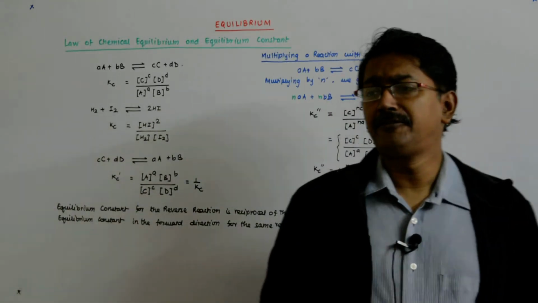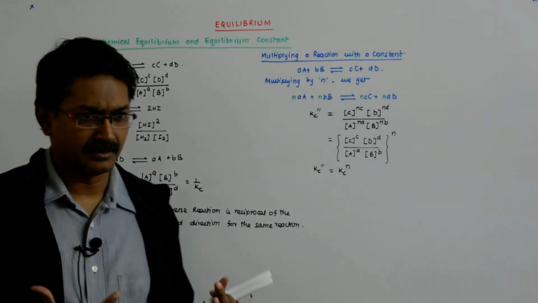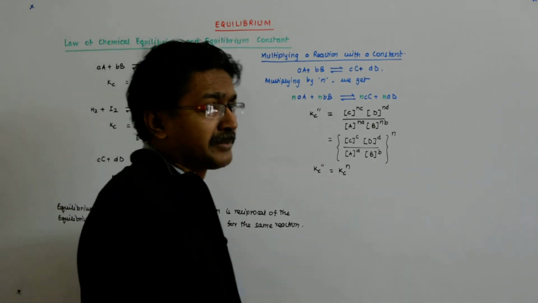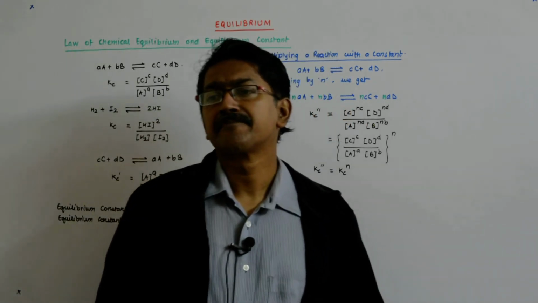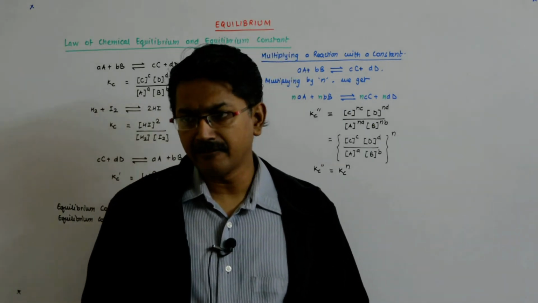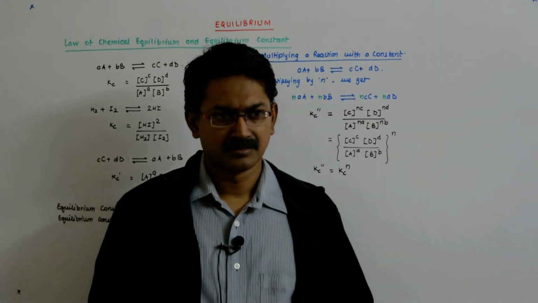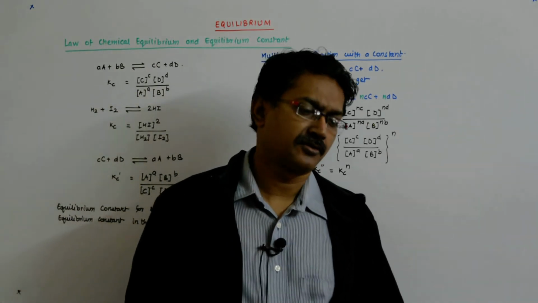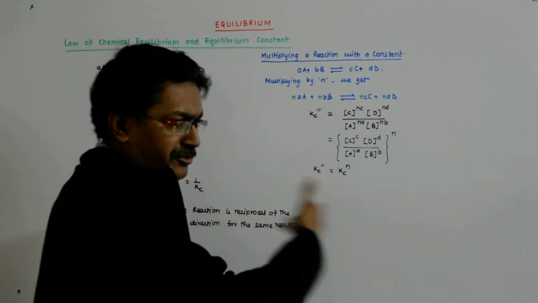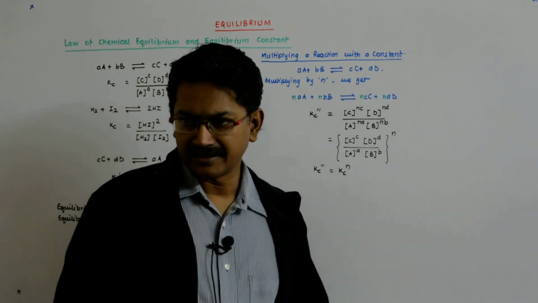Now that significantly alters Kc itself, the equilibrium constant for that reaction. And the equilibrium constant is something that is indicative of the direction of the reaction. That will tell you how much product you will be able to get, whether the reaction moves in the forward direction at all, mathematically.